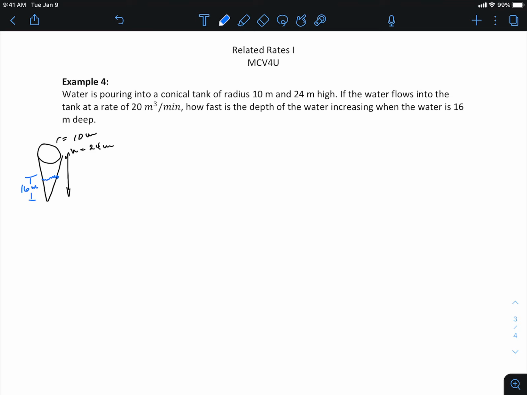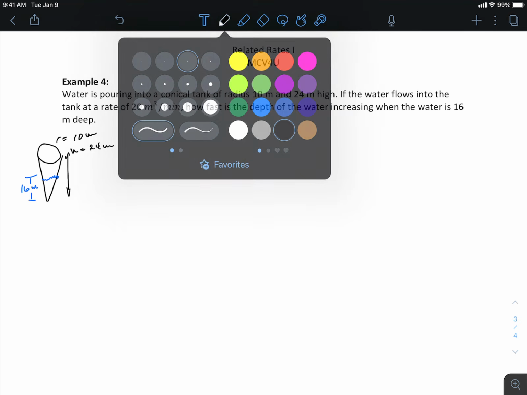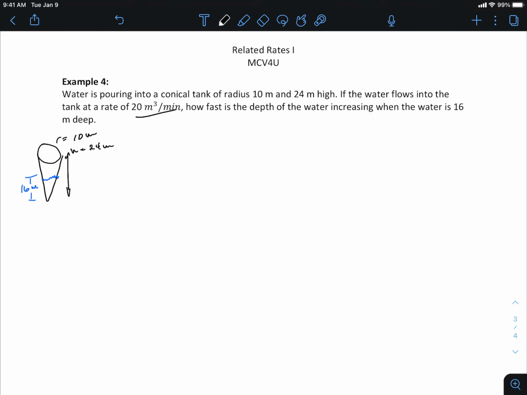Let's start with the fact that we can represent a cone, and we're talking about how the volume is changing. So let's represent this situation with the volume of a cone. The volume of a cone is equal to 1/3 pi r squared h.